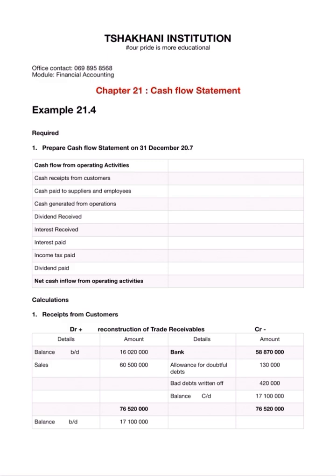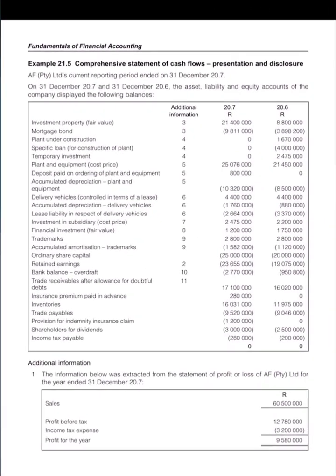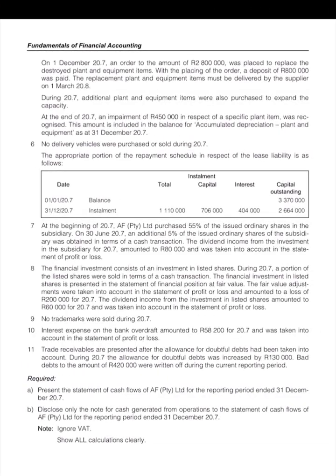All the time when you do these calculations, consider the allowance for doubtful debts. The allowance for doubtful debts and the bad debts written off must be considered, unless they've already been considered for you. Here we were affected by adjustment number 11. According to adjustment number 11, trade receivables are presented after the allowance for doubtful debts had been taken into account, meaning that you are given the trade receivables after the allowance has been subtracted, and we need the one where the allowance was still included.